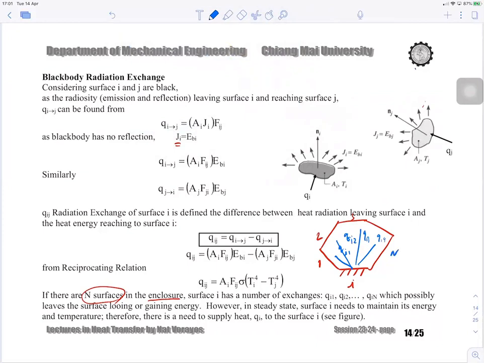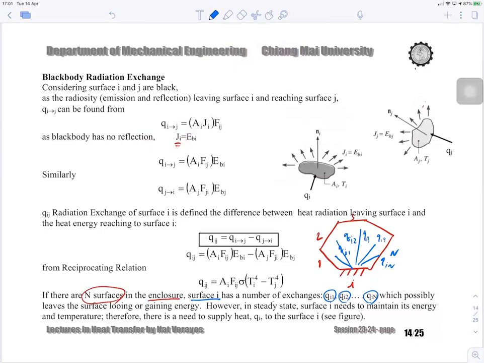If you have n surfaces, you're going to end up with n terms, up to QiN. So for surface i, it's going to have a number of exchanges, namely Qi1, Qi2 to QiN.